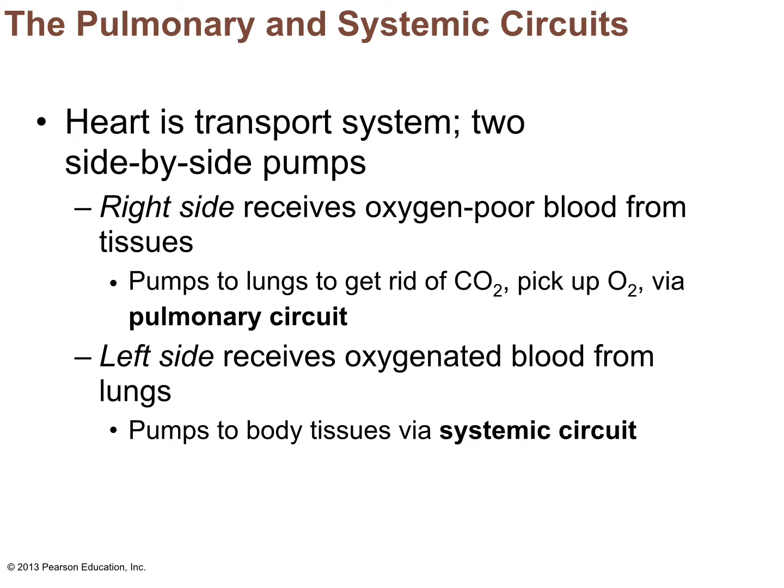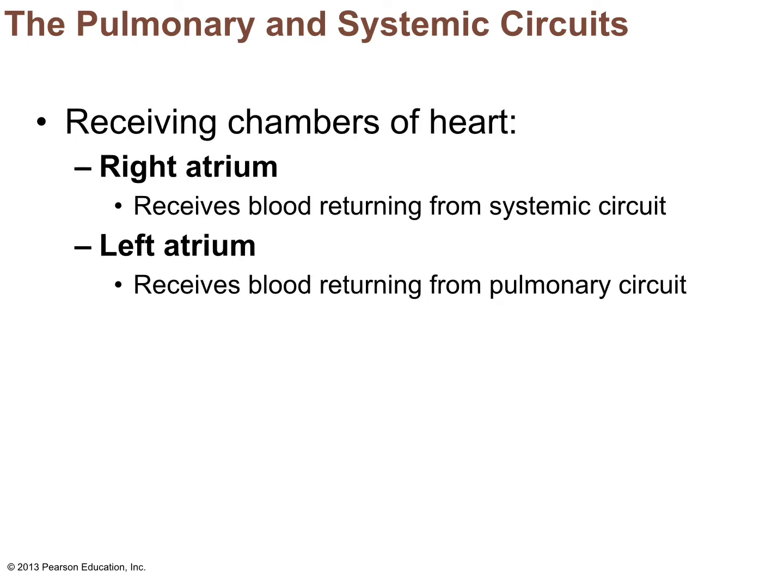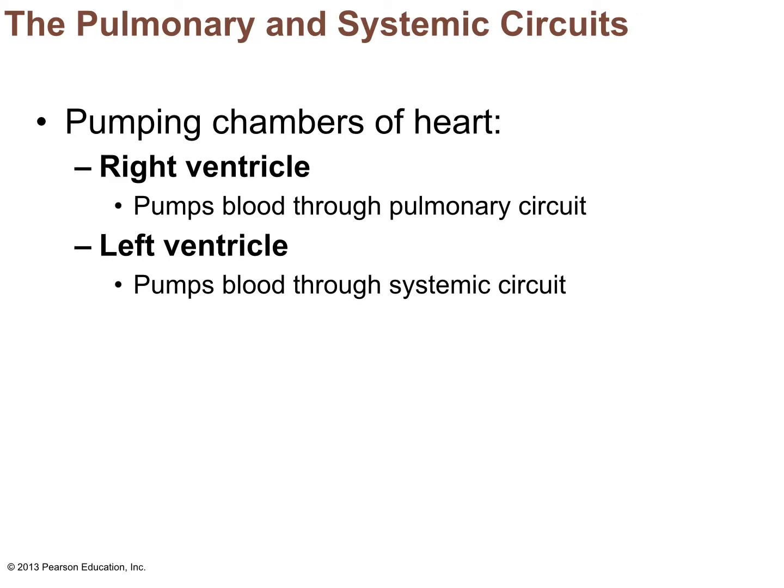And the systemic circuit is what's actually going to send oxygen to the tissues. The right side is the pulmonary, and the left side is the systemic, and we'll see that. The upper chambers of the heart are called atria. That's the plural. Each one individually is an atrium. The bottom chambers of the heart are called ventricles.